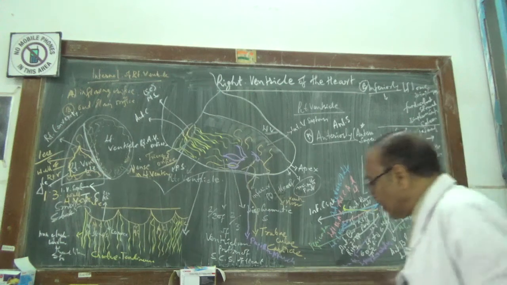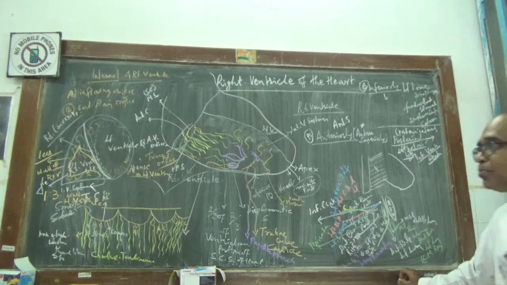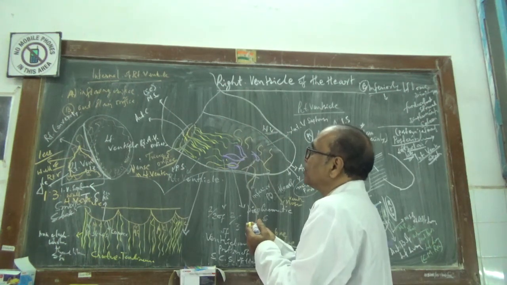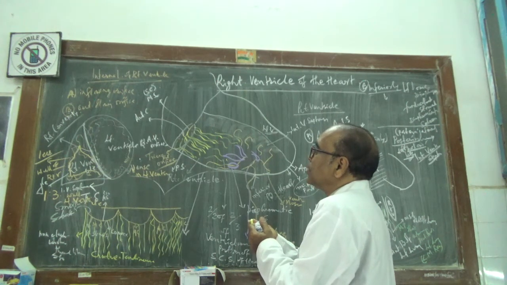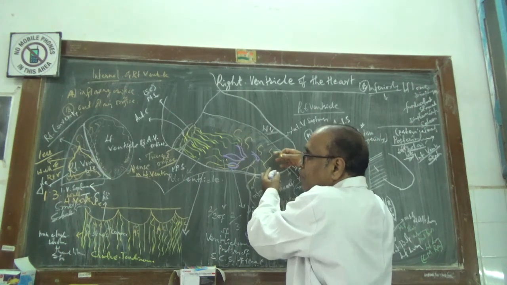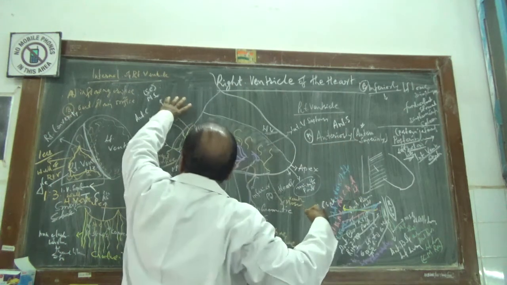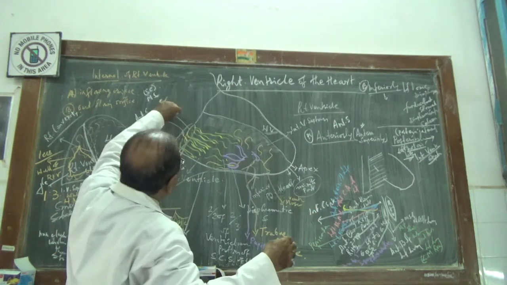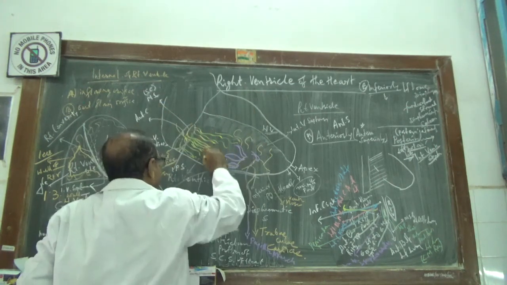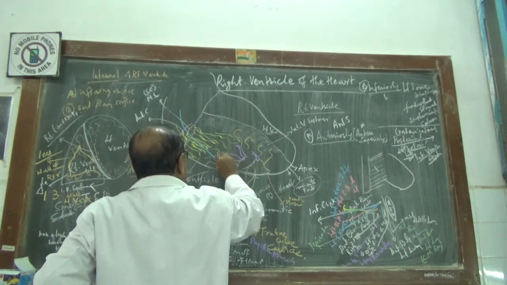Now slowly ventricular contraction begins. Whatever blood has reached the right ventricle via atrial contraction, during ventricular diastole, the deoxygenated blood will be rushing in.